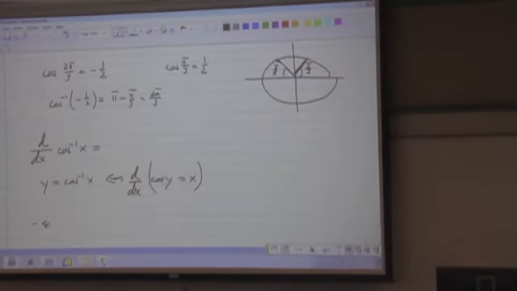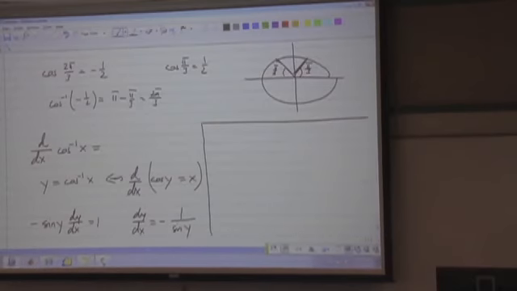Negative sine of y dy dx is equal to 1, right? And so dy dx is minus 1 over sine of y. So now all we have to do is figure out the relationship between sine of y and x. So remember, sine squared plus cosine squared is equal to 1. Sine squared of y is 1 minus cosine squared of y. So sine of y is plus or minus the square root of 1 minus cosine squared of y. So now the question is, is it positive or is it negative?